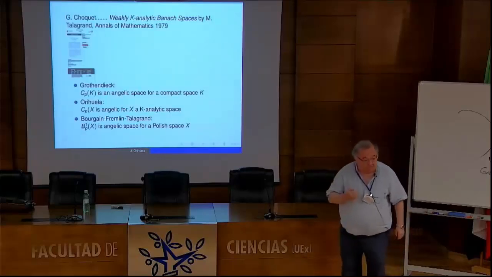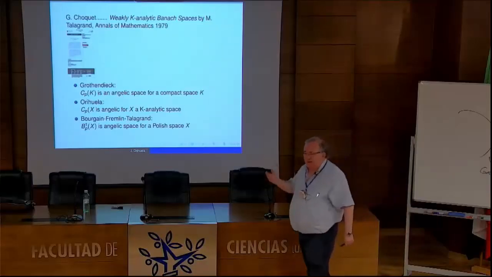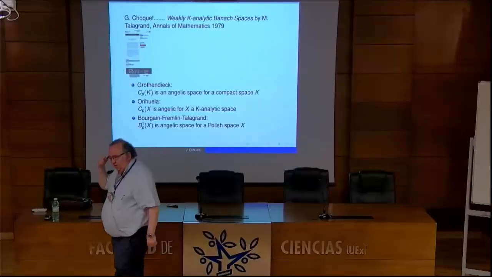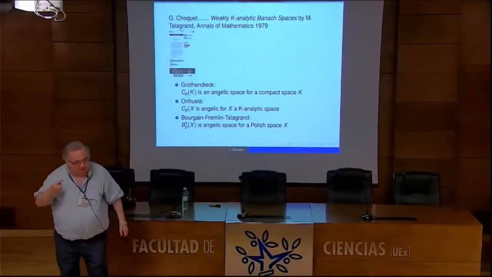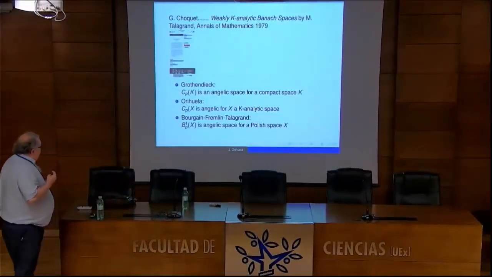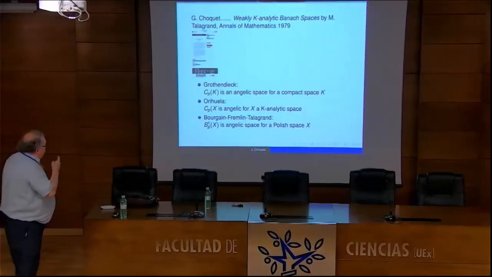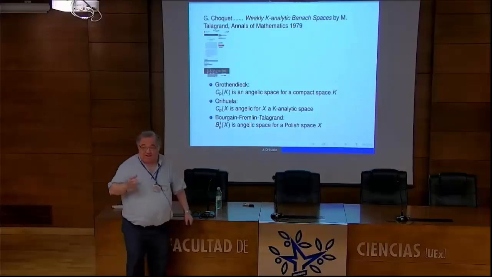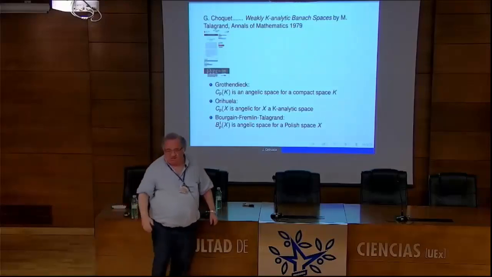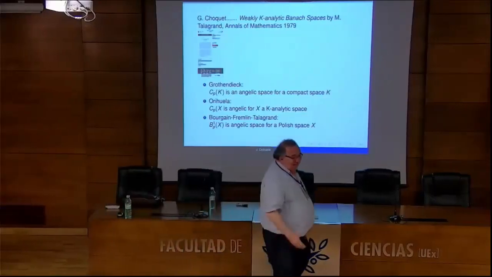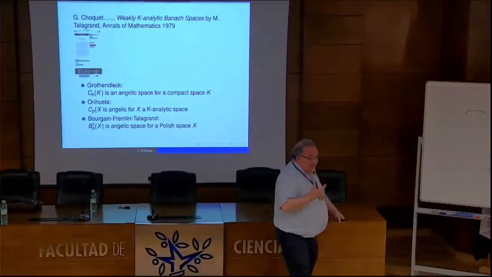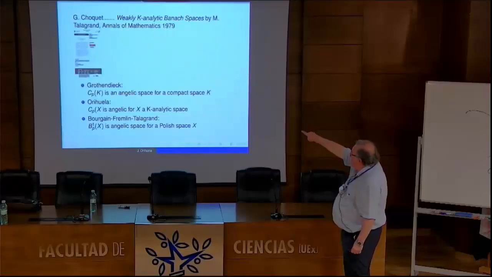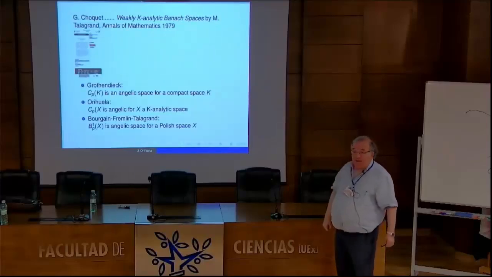For Banach spaces this is Smulian, but this is Grothendieck, Cp(K). I had the opportunity to do this in Cp(X) for X a K-analytic space. The K-analytic space was the space used in Talagrand's paper.